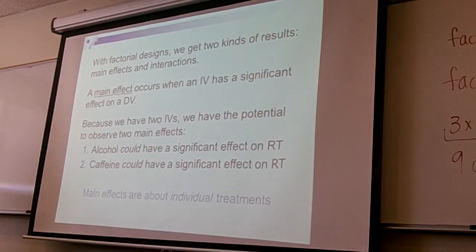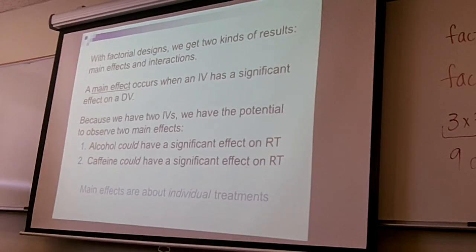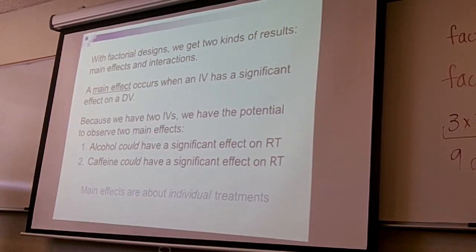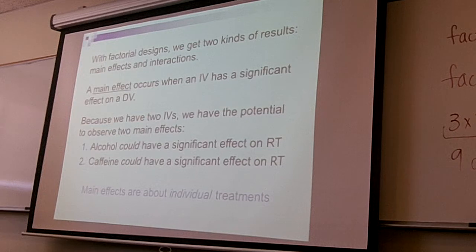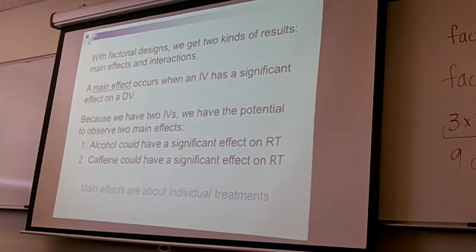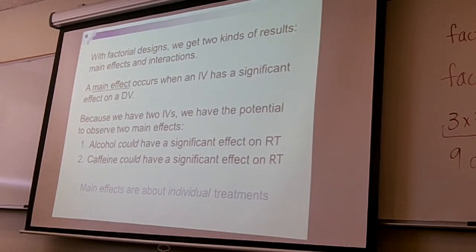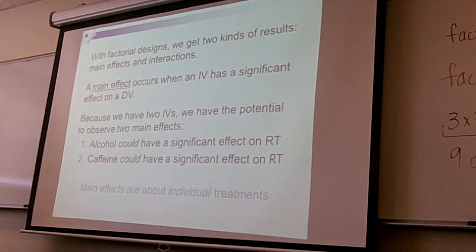We could have a main effect of alcohol, where it matters whether you got alcohol or didn't. And that's significantly different. We could also get a main effect of caffeine, where it matters how much caffeine you got. Your behavior on the DV varied whether you got 0 milligrams, 200 milligrams, or 400 milligrams of caffeine.